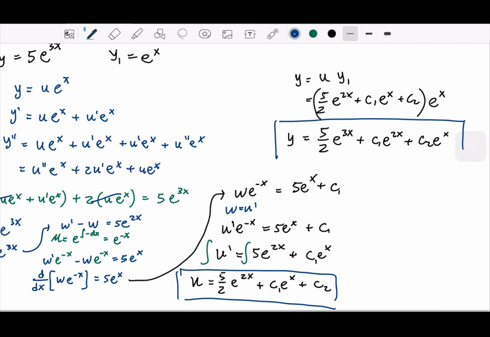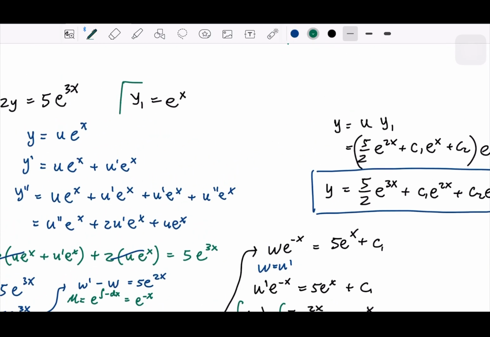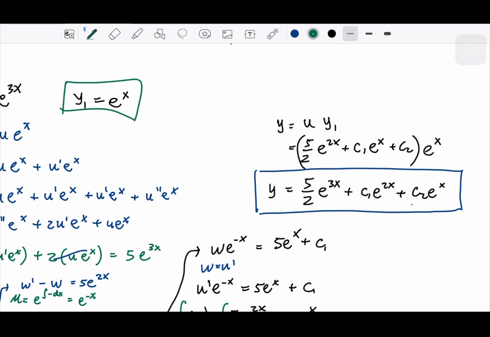Our goal now is to identify which one is our homogeneous one, and which one is the particular solution. Remember that y1 is e to the x, right? So since y1 is this, then this will be y1. And which one is y2?